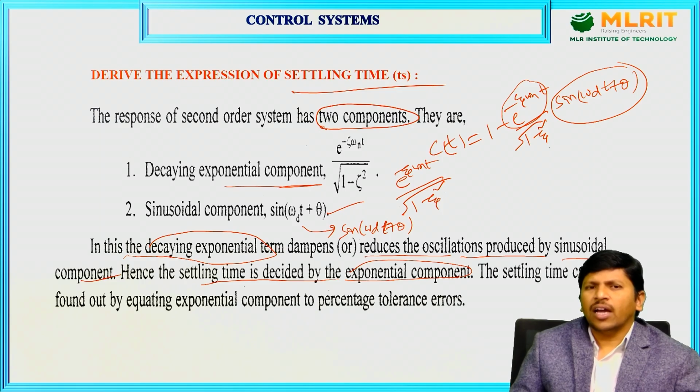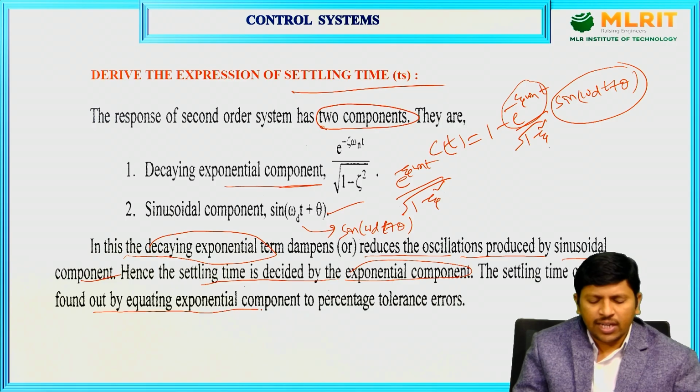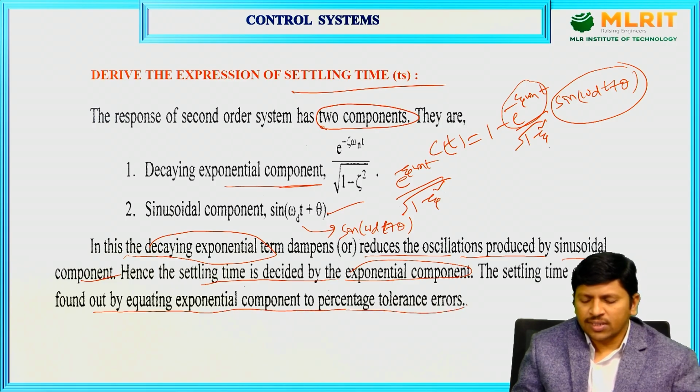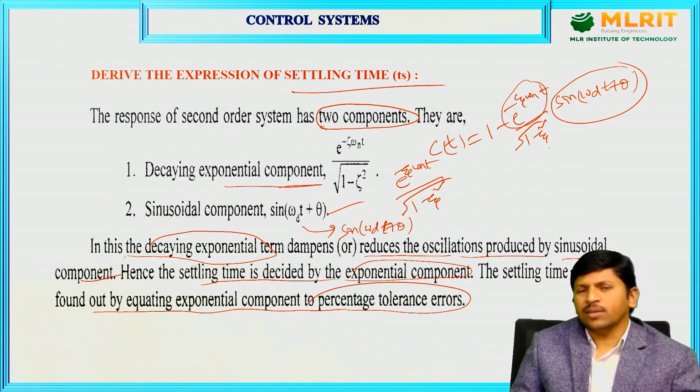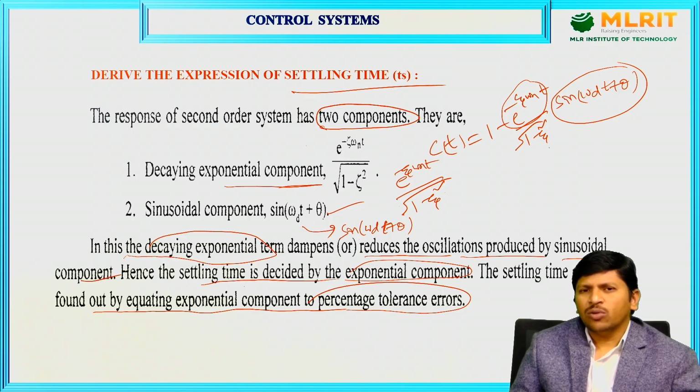The settling time can be found by equating the exponential component to the percentage tolerance error, because two tolerable errors are available for settling time.